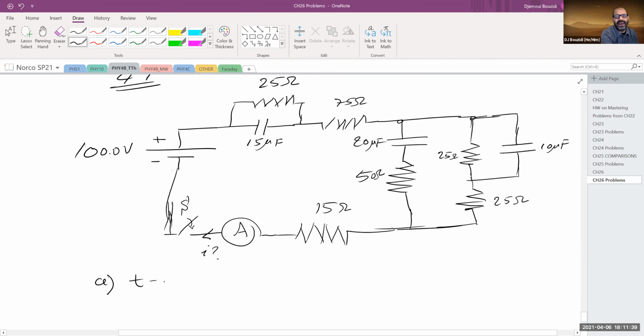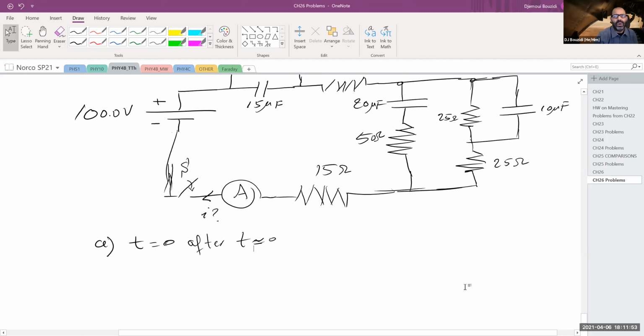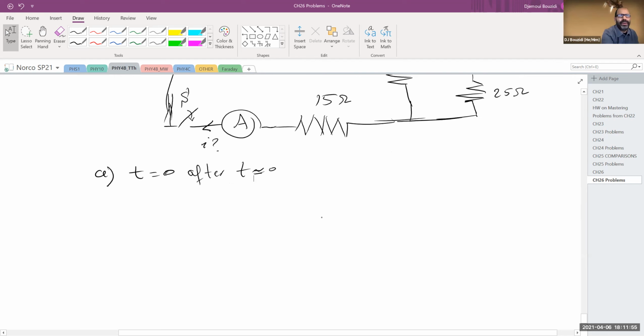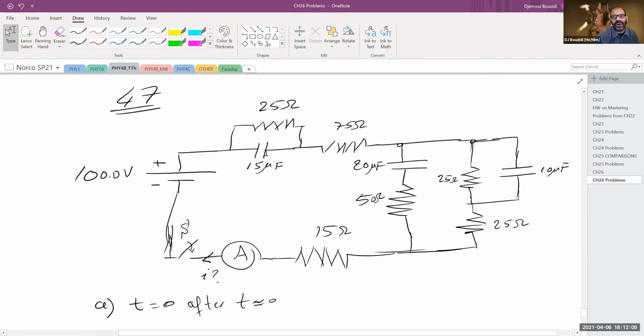A, immediately after the switch is closed. So immediately after T equals 0, very close to T equals 0, when we close the circuit. And then when we wait forever, B, when T is very large. Compared to what? Compared to tau, actually. There is a characteristic tau in here. Albeit we have several capacitors and several resistors, you can reduce the whole circuit to an RC circuit.